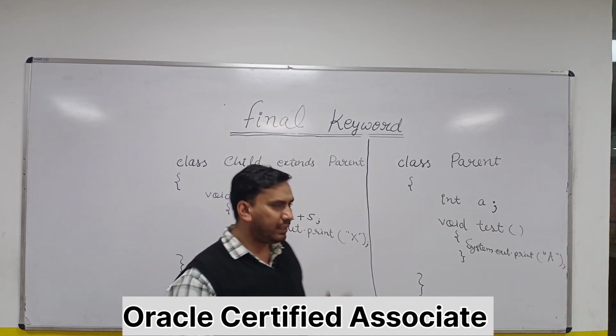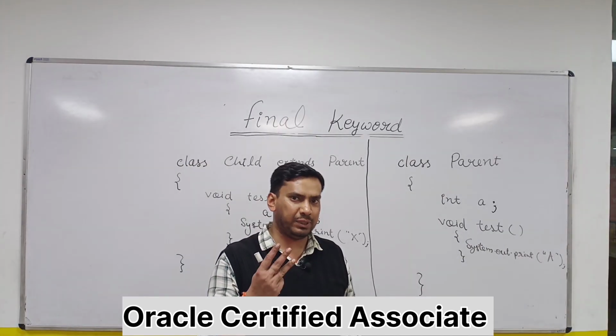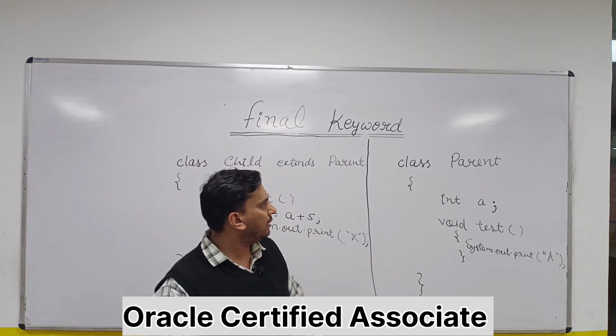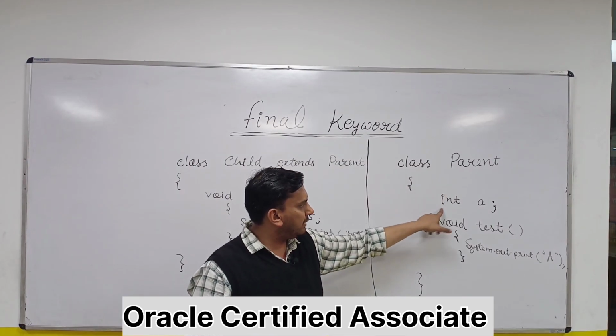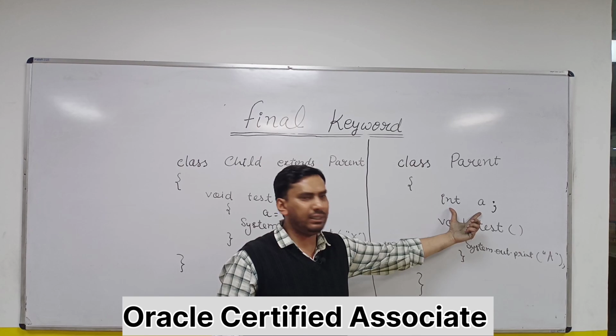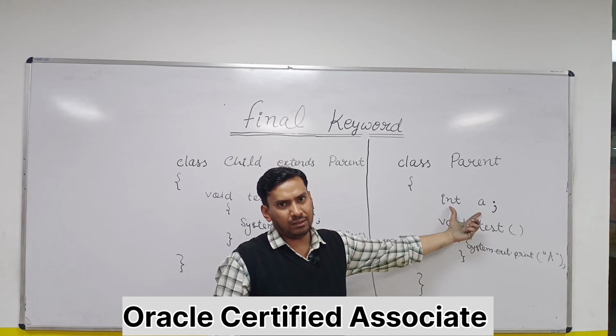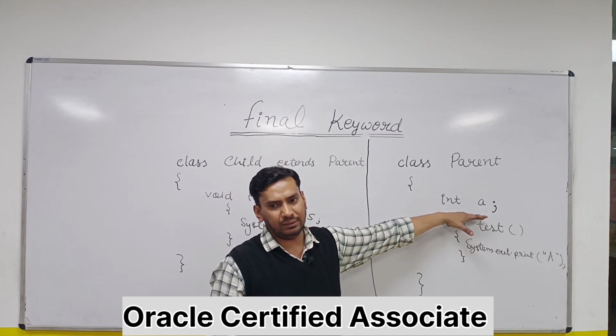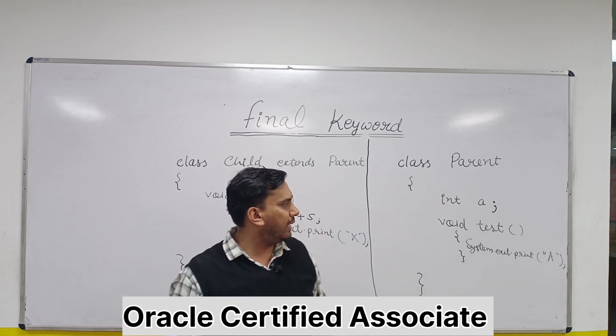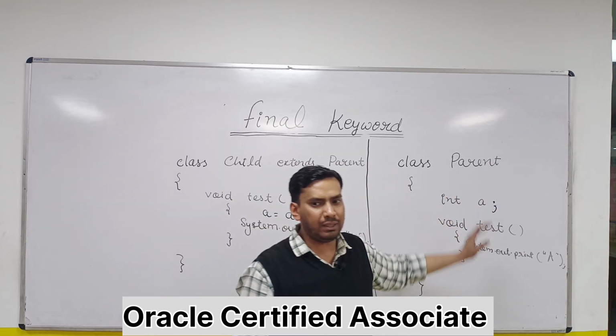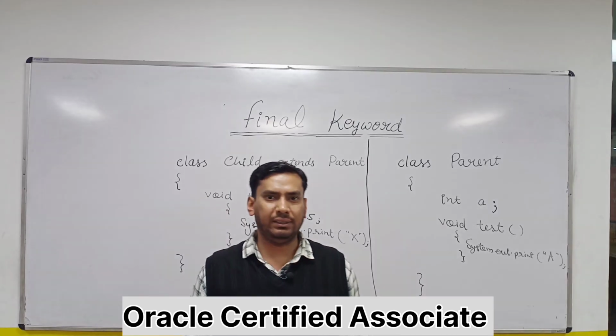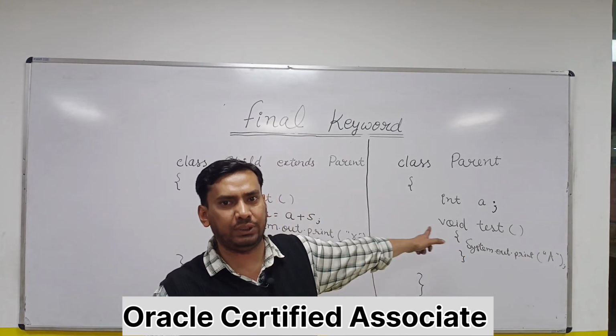So the final keyword has been provided for three purposes. First purpose: suppose I have created this class and I feel that this int variable should not be modified. If you feel that the value of this variable a should not be allowed to change, it means you want to make it a constant.